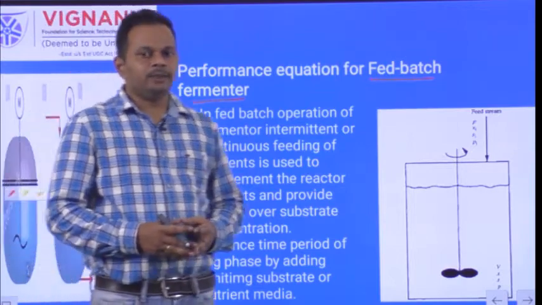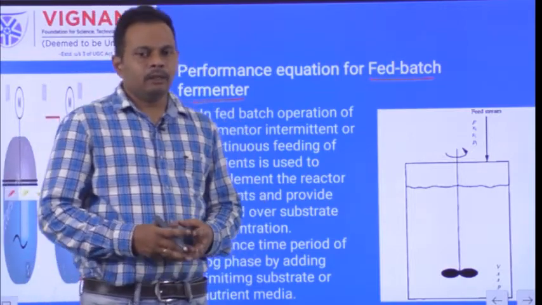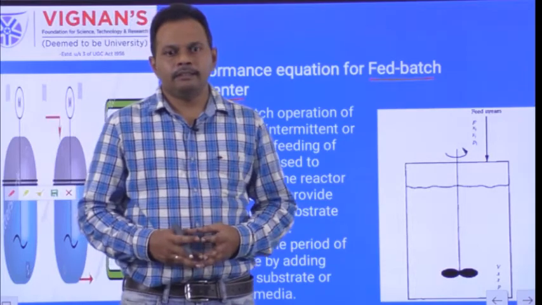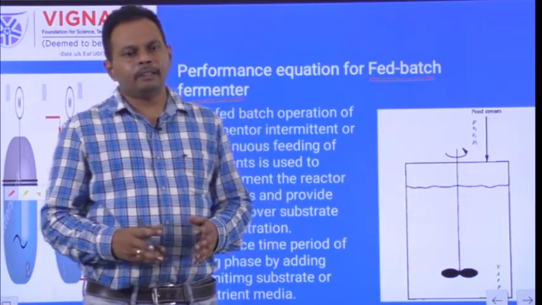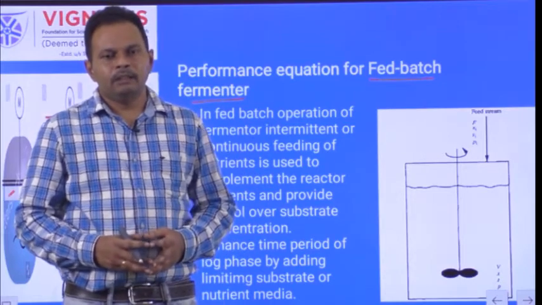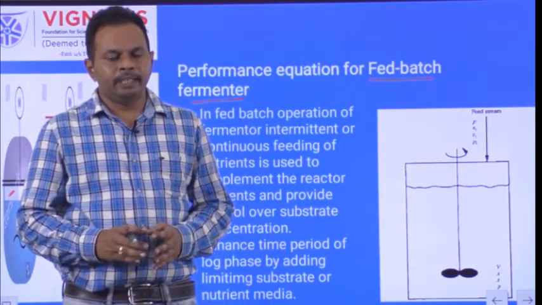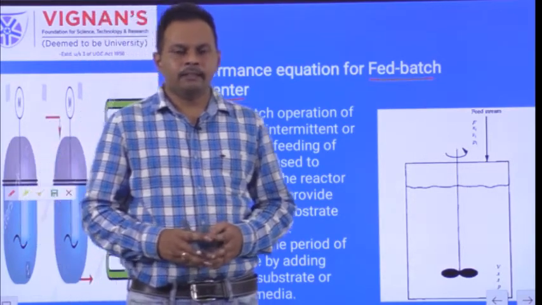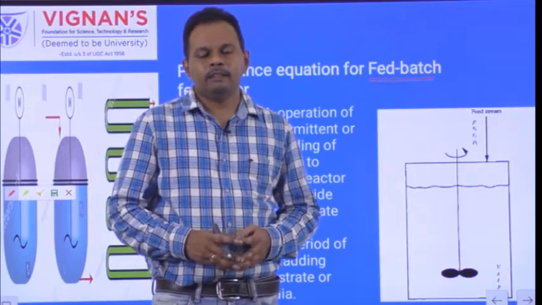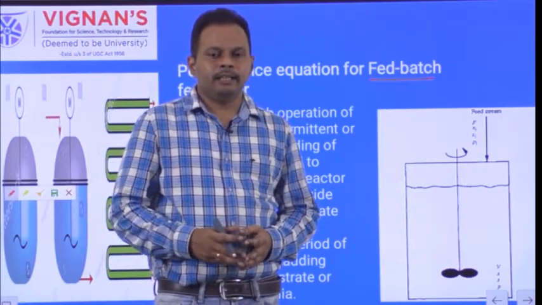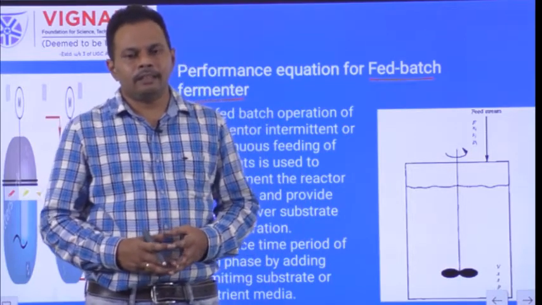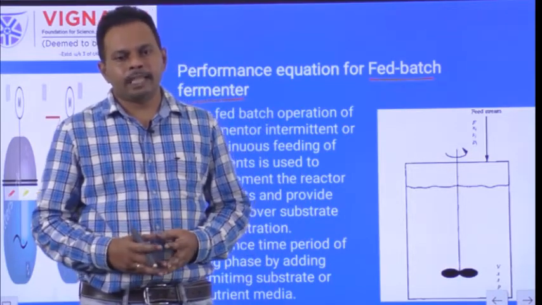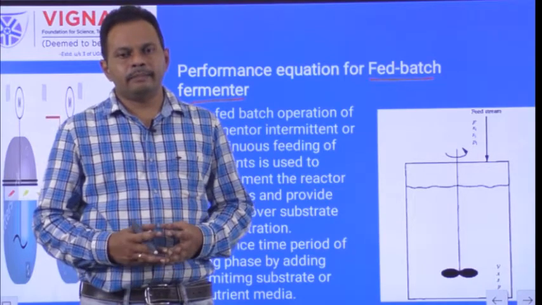Because of the exhaustion of nutrient media, generally the cell growth rate reduces. Immediately after inoculation in a batch fermenter, we generally observe different phases. First, the lag phase, where the growth rate is approximately 0. After the lag phase we have the acceleration phase, where the actual growth starts, followed by the log phase or exponential phase, in which the growth is maximum.